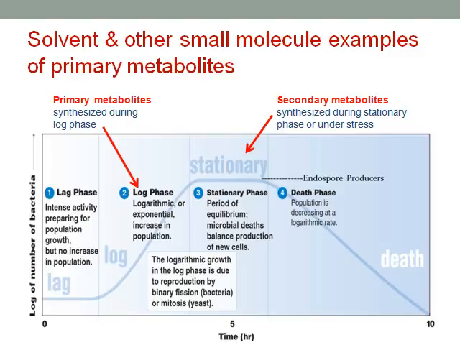This is the period of equilibrium where microbial death and growth balance production of new cells. And then there's the death phase, when the population is decreasing at a logarithmic rate. Now, primary metabolites are synthesized during the log phase, and secondary metabolites are synthesized during the stationary phase.